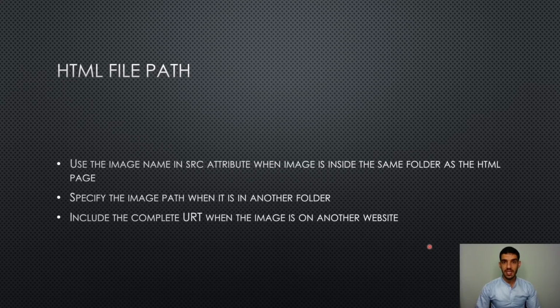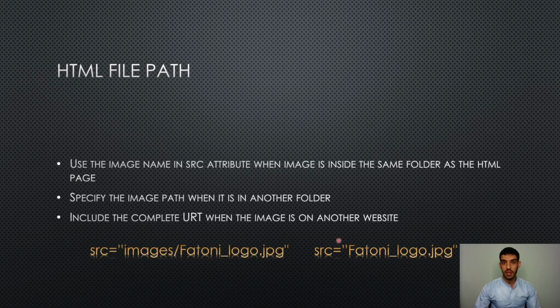So if the image is in the same folder as the web page, you just have the image name inside the src attribute. So okay, fatani logo.jpg, that's it. However, if the image is inside a folder within the folder of the web page, you need to write that folder name. So okay, we have another folder called images, and inside it we have the fatani logo.